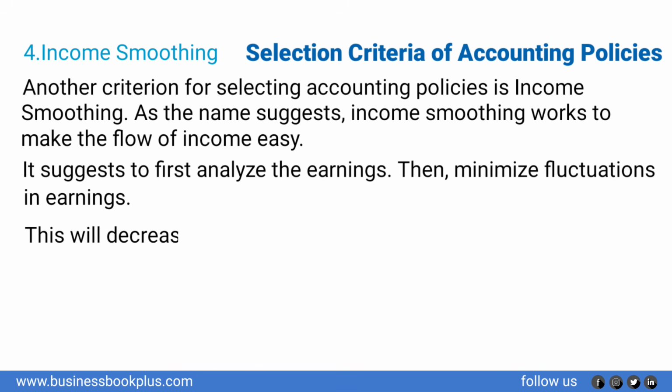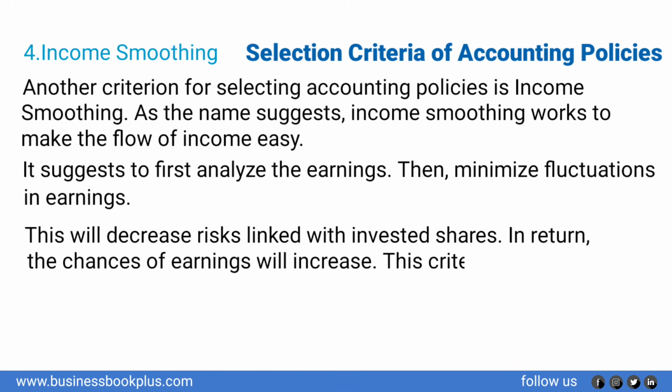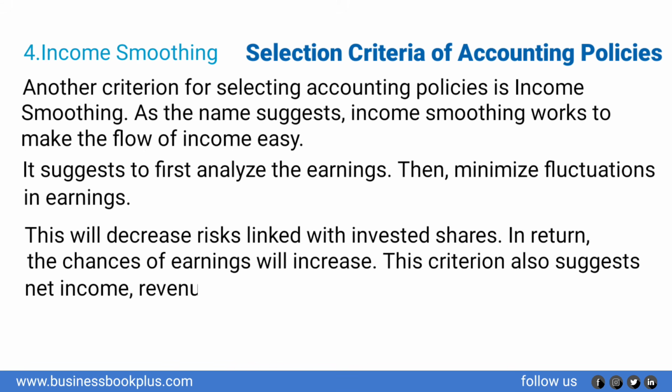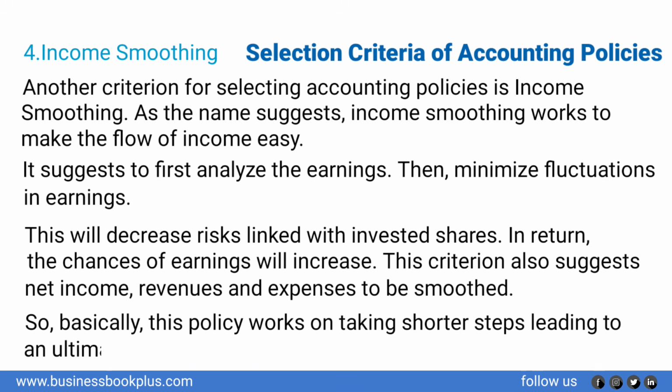This will decrease risks linked with invested shares. In return, the chances of earnings will increase. The criterion also suggests net income, revenues, and expenses to be smooth. So basically, this policy works on taking shorter steps leading to an ultimate goal, that is raising profits.